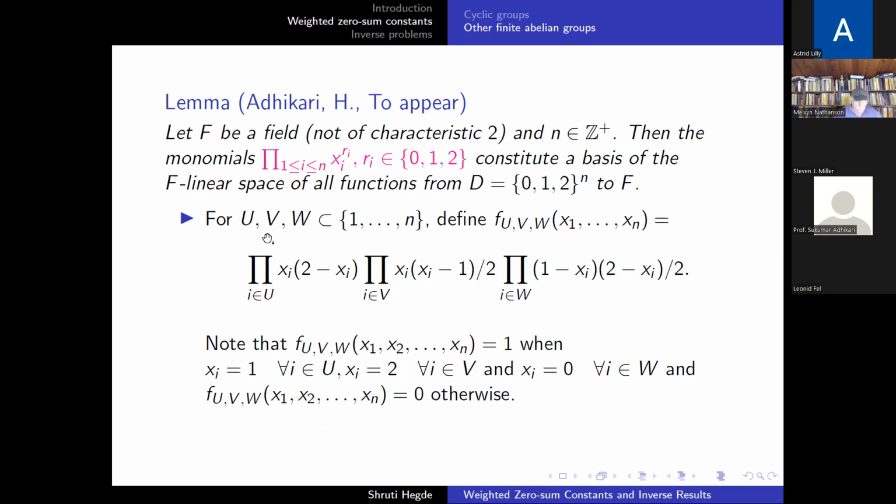So by appropriately choosing these subsets U, V, W, we can span any function from this set D to F as an F-linear combination of these f_UVW. And from here we can see that they are in turn spanned by these monomials. So these monomials span the function space, and they are linearly independent also. So they constitute a basis for this function space.